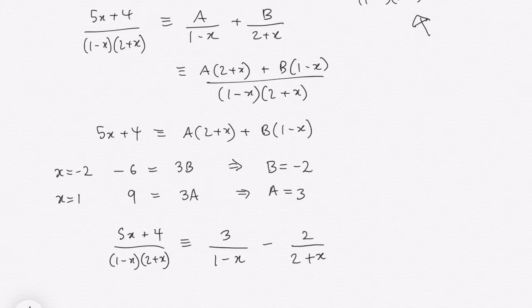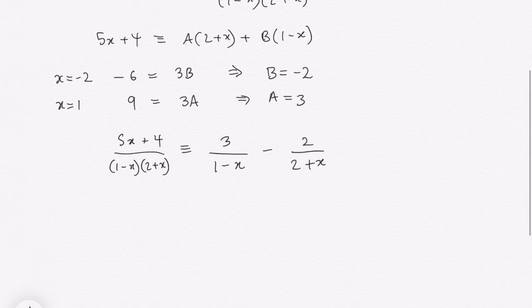And now we can use binomial expansion. Notice this is a bit easier because before we were going to have to do a lot of multiplying, whereas now we're just going to have to add together two things. So what is this equal to? This is equal to 3 lots of 1 minus x to the power of minus 1 minus 2 lots of 2 plus x to the power of minus 1.